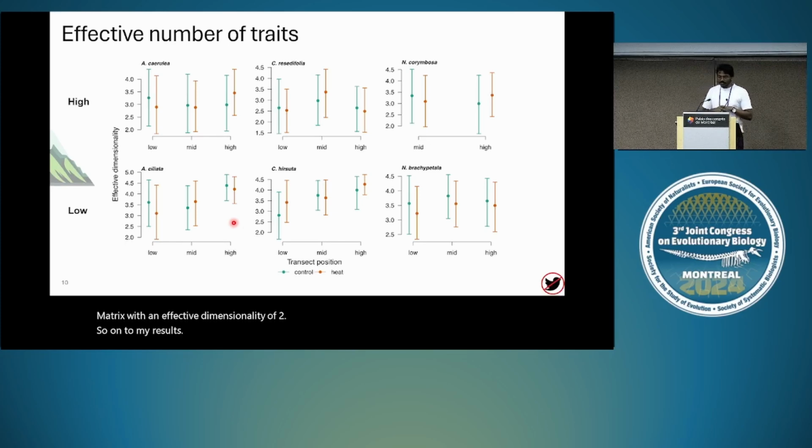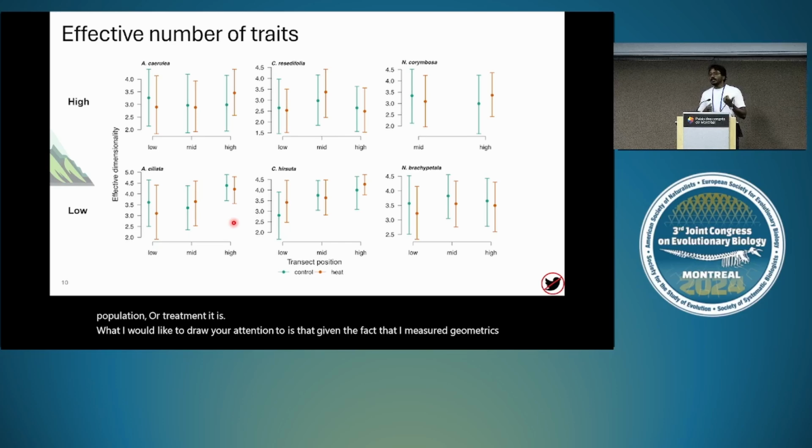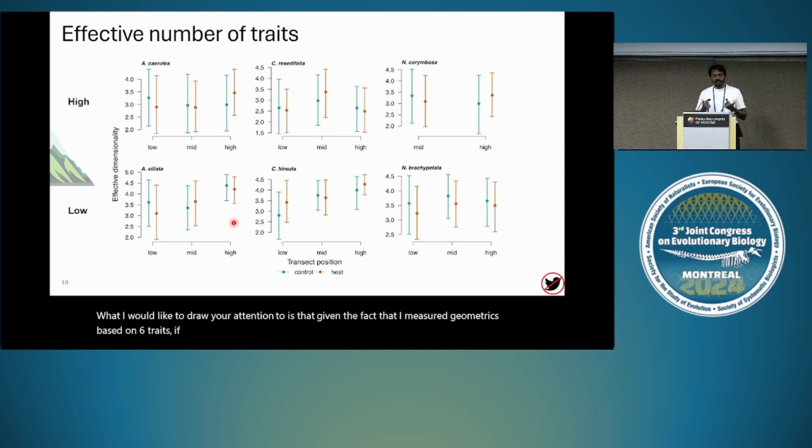So the high elevation species are always on the top row, and their congeners are right below them. What's striking here is that there seems to be an equal amount of constraint no matter what species, population, or treatment it is. What I would like to draw your attention to is that given that I measured G matrices based on 6 traits, if variation were distributed equally along all axes, then I would have an effective dimensionality of 6.